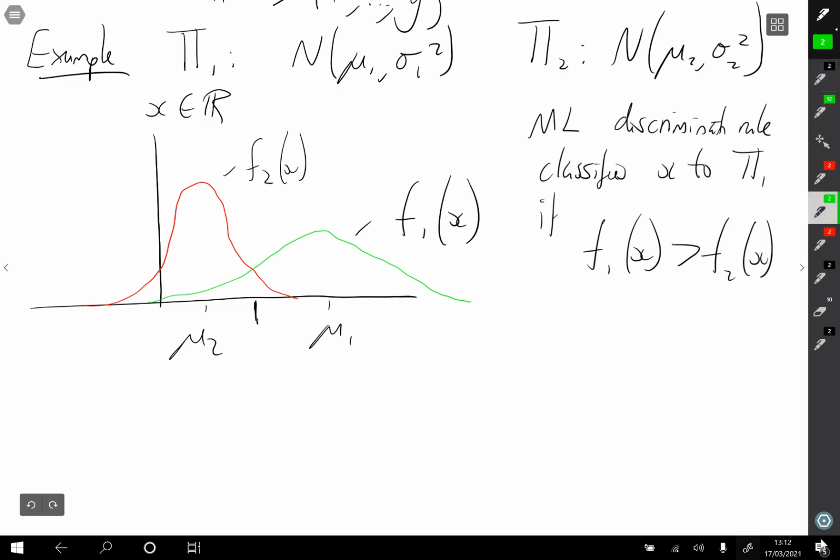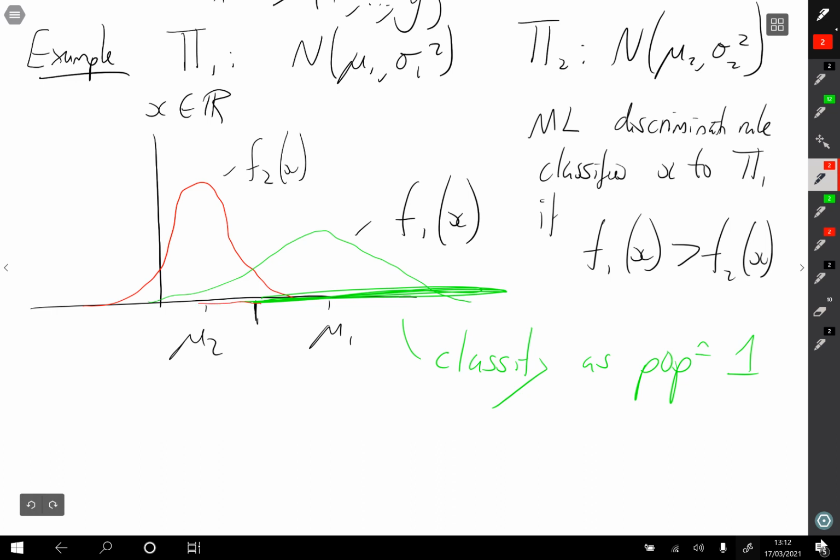Anything in this range is going to be classified as population 1, whereas anything in this region we're going to classify as population 2. Now we can do this numerically, of course, but in this case it's simple enough to do it mathematically, so let's work out what this cutoff point is. Where does one density become bigger than the other density?